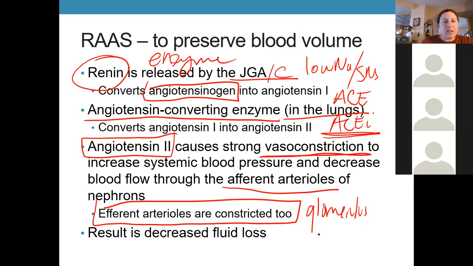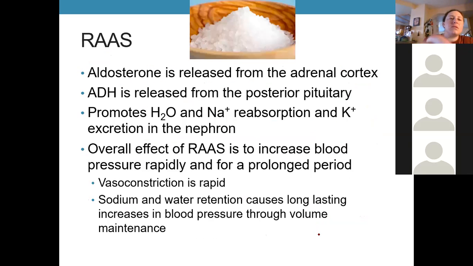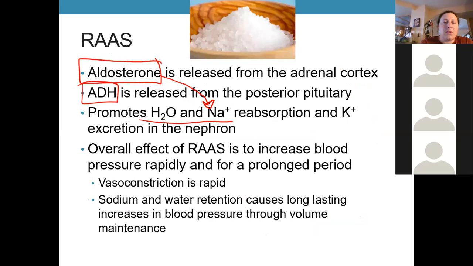The other thing that we do here is, of course, angiotensin releases aldosterone from the adrenal cortex and antidiuretic hormone from the posterior pituitary. Collectively, they're going to promote water and sodium reabsorption, right? Aldosterone does sodium reabsorption, and we secrete more potassium in exchange, and antidiuretic hormone does water.